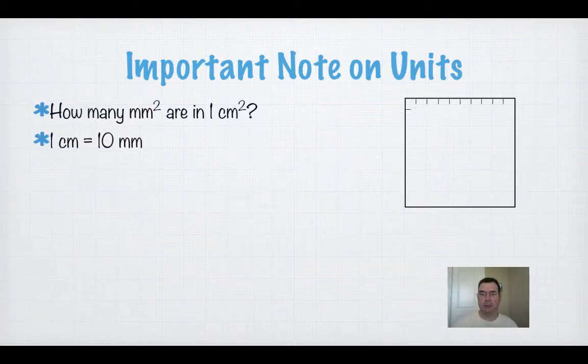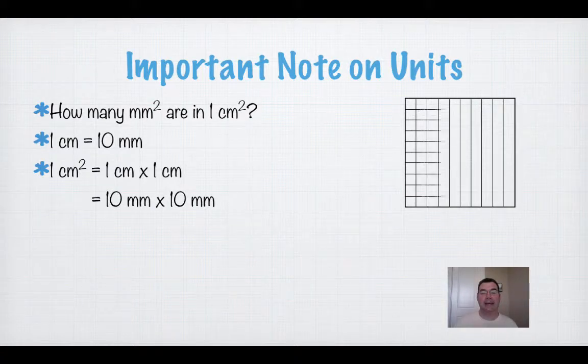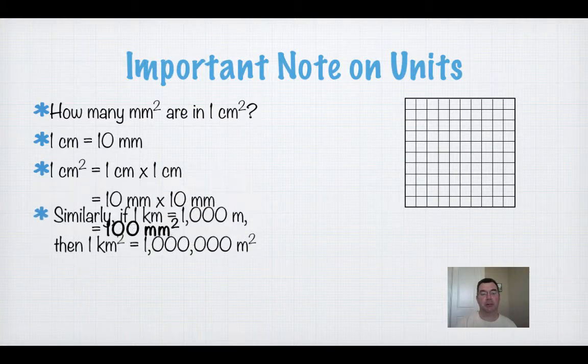We know that 1 centimeter is 10 millimeters, so a square centimeter is going to be 1 centimeter by 1 centimeter, but that can also be said as being 10 millimeters by 10 millimeters, which I've drawn inside that little square, and as you can see, that's 100 square millimeters. So even though I'm multiplying by 10 to get from centimeters to millimeters, I have to multiply by 100 to get from square centimeters to square millimeters.